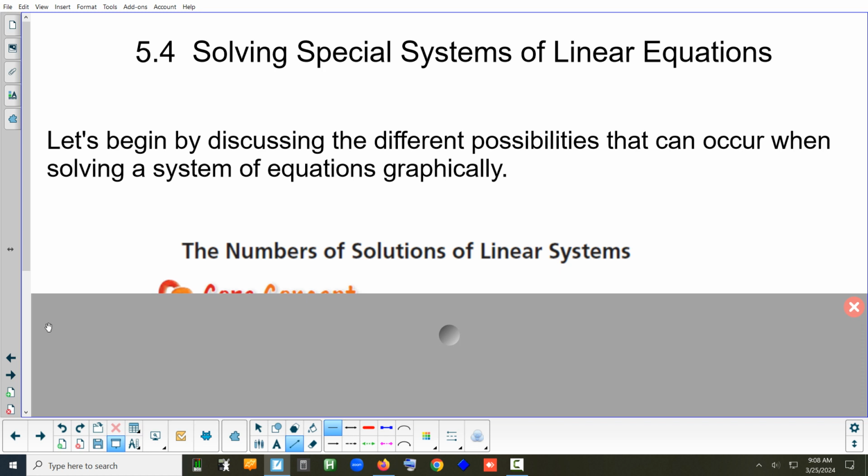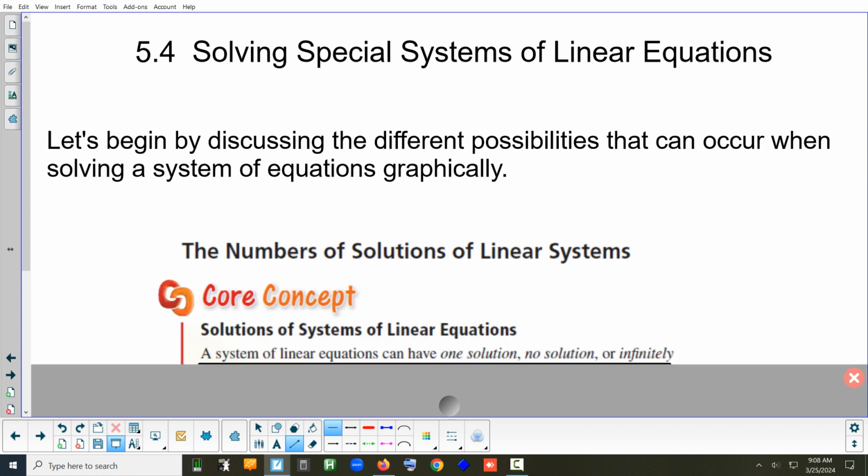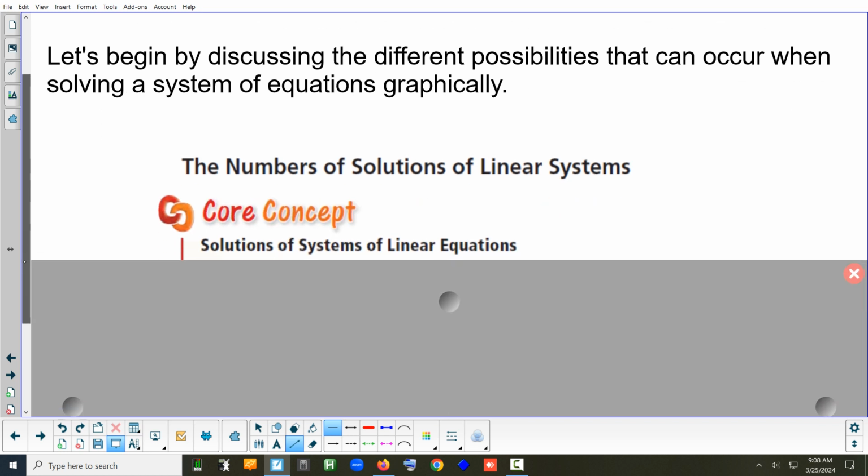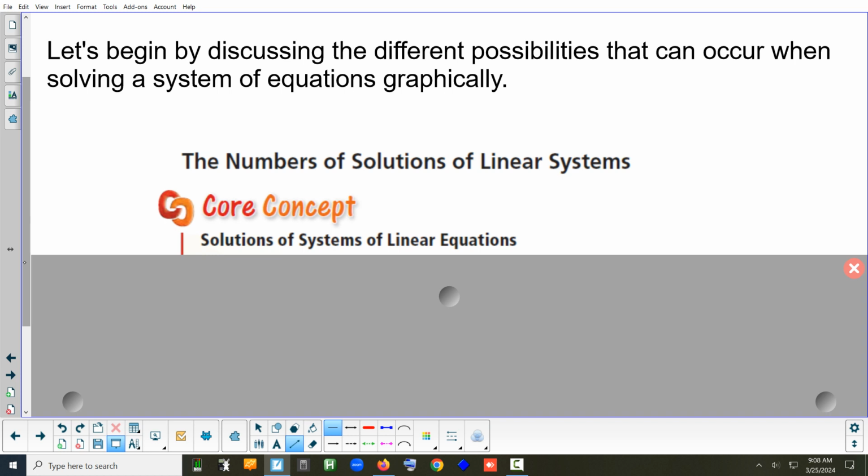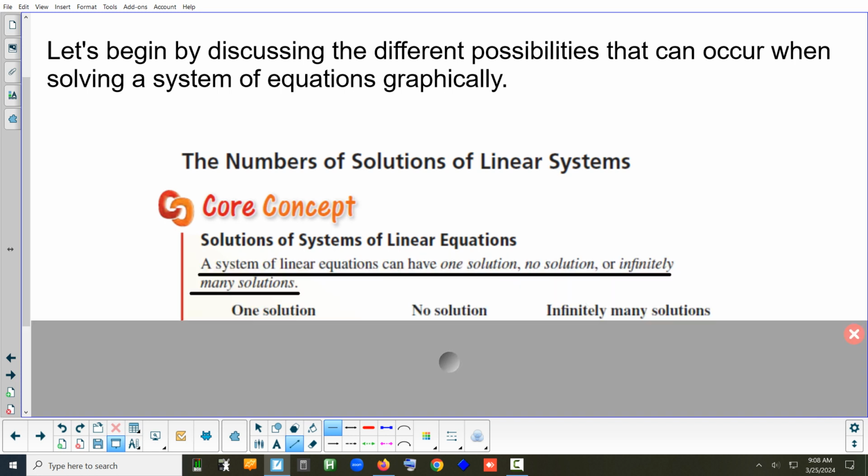All right, so you guys have this, I think, on your guided notes, where it says solutions of systems of linear equations. So we're going to talk about the different things that can happen, and there are three.